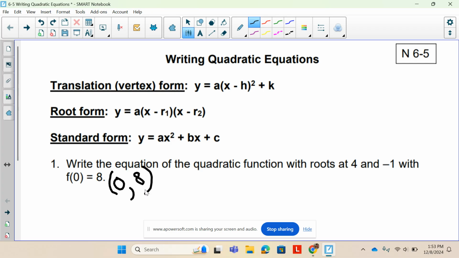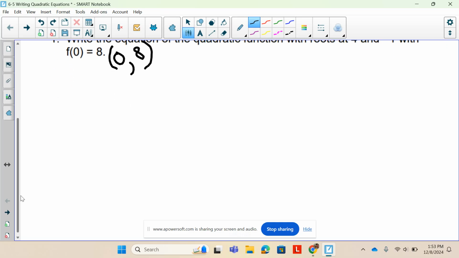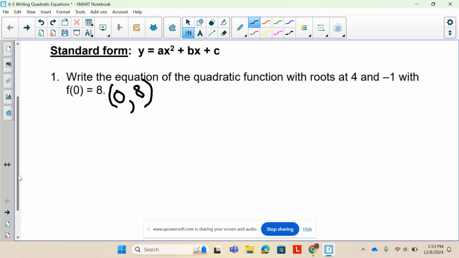And so when we look at the function like this, and it says f of 0 is 8, it just tells us an x and a y value, really. So we have x is 0, y is 8. So that's our x value, our y value there.